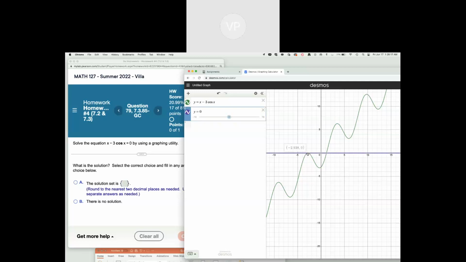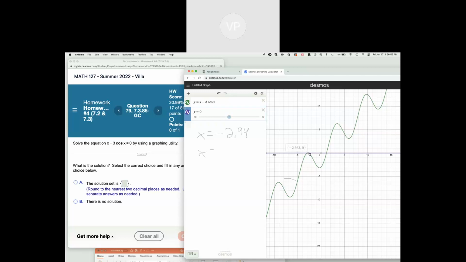That's the question. It looks like it's going to be at a couple spots, and they gray out the dots. So I have a negative 2.938, and they say go to the nearest two decimal places. So let me just write this down here. We have x equals negative... Get your mouse and hover right over it. Negative 2.938. They want the nearest two decimal places, so we'll call it negative 2.94.